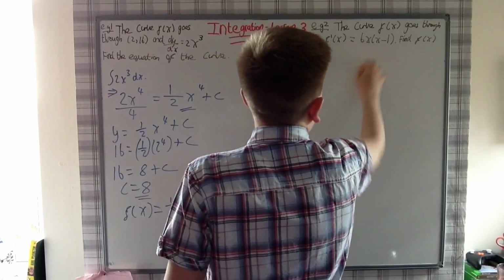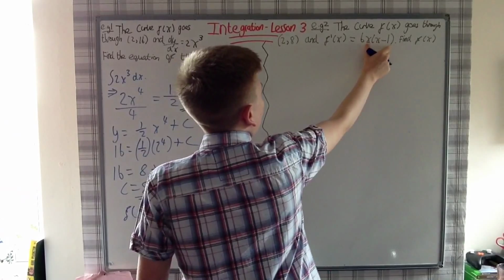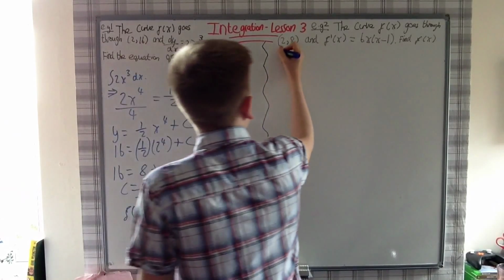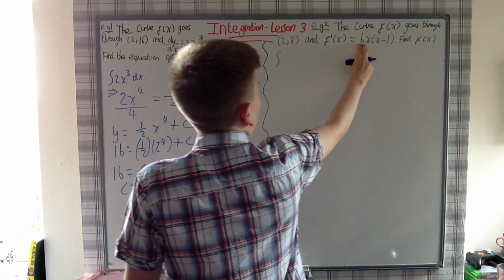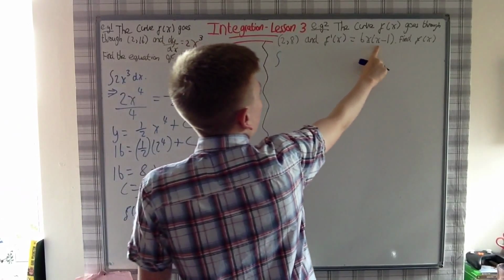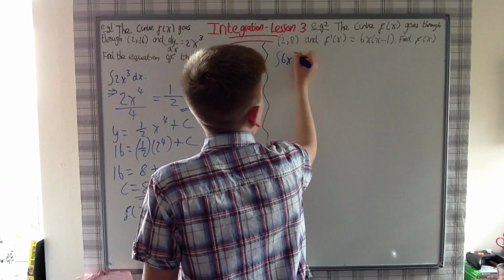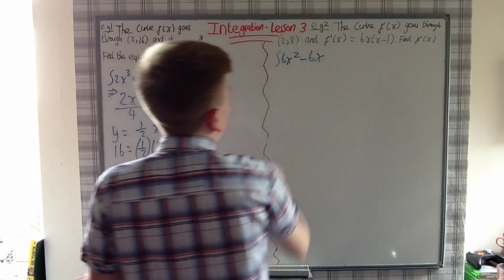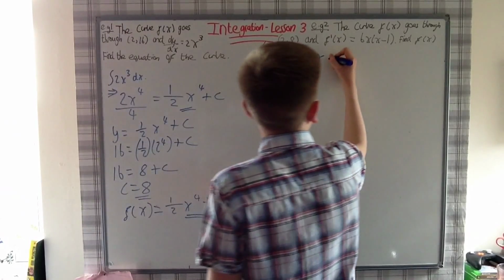So, once again we're integrating this, but now we need to put this in a form that we can integrate. So we're actually integrating, expanding these brackets, 6x multiplied by x, that's 6x squared, minus 1 multiplied by 6x, minus 6x. So this is what we're integrating.